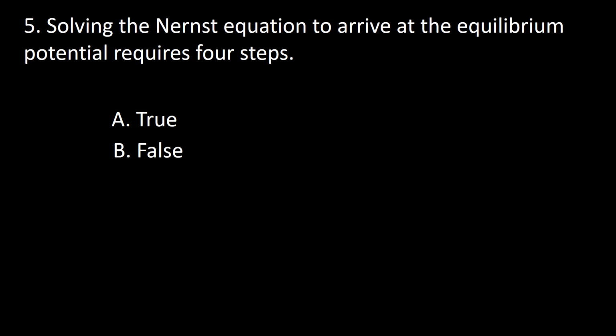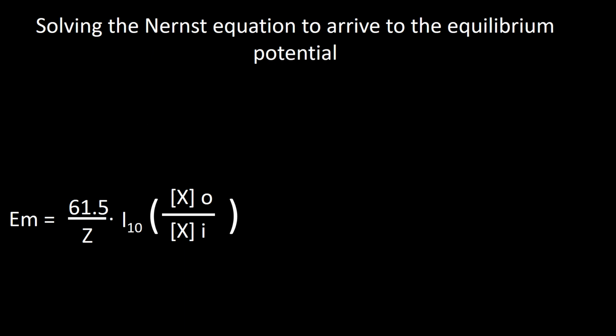Next question. Solving the Nernst equation to arrive to the equilibrium potential requires 4 steps. A true, B false. To solve this equation, we must first divide the ion concentration outside the cell by the ion concentration inside the cell.